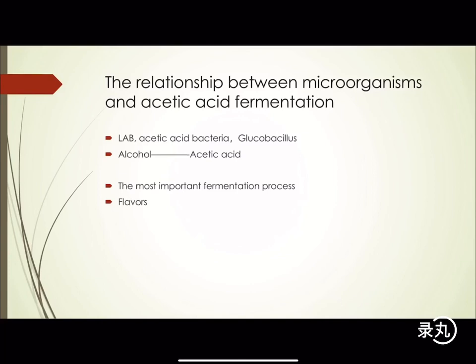The primary microorganisms involved in the acetic acid fermentation period are lactobacillus, acetic acid bacteria, and gluconobacter. A large number of studies have shown that the most important microorganisms in this stage are acetic acid bacteria.